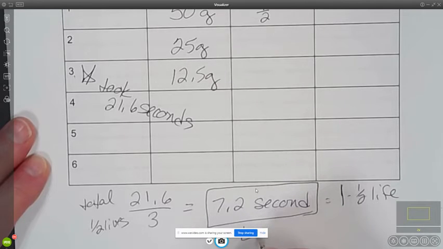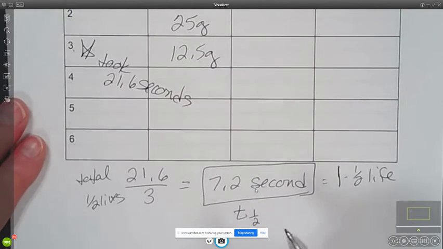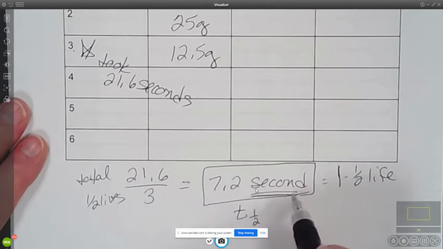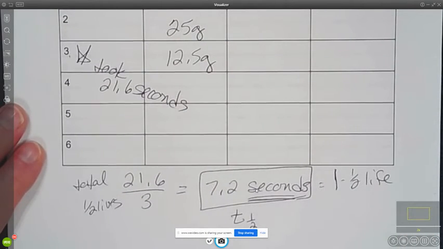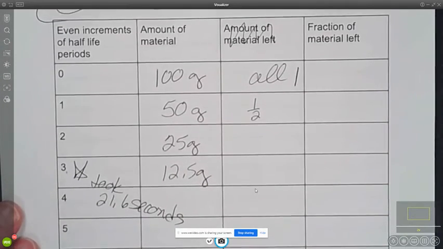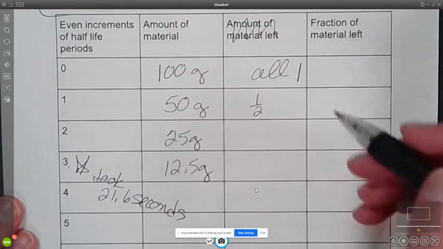We say T1/2 as I'm doing this one. So when you write these, and on your assignment you're filling these in, short answer, make sure you spell the unit out and include the unit. So 7.2 seconds here. And that's it.